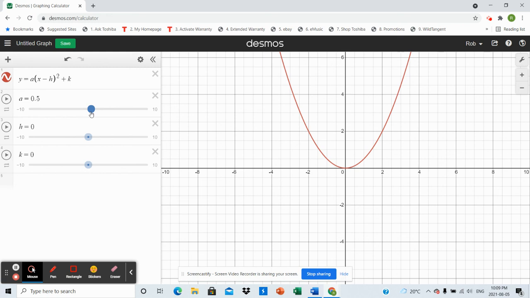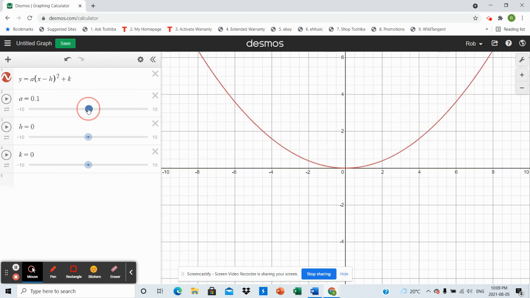So this one we would say is a vertical compression by a factor of 1/2 or 0.5. The closer we get to 0, the wider it gets, the more compressed it gets. And of course we don't want to hit 0. With 0.1 we can see that we have a vertical compression by a factor of 0.1 or 1/10.